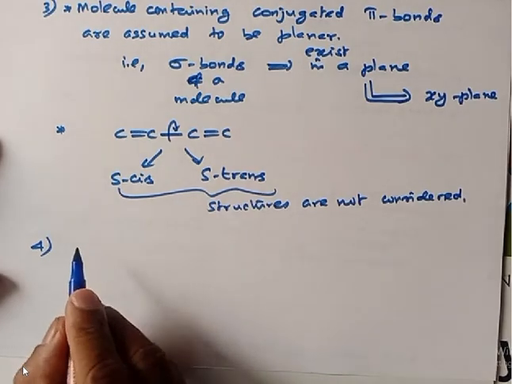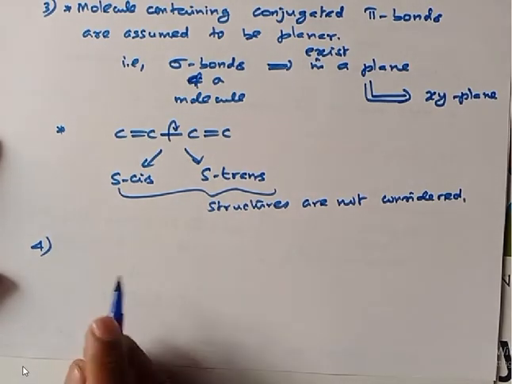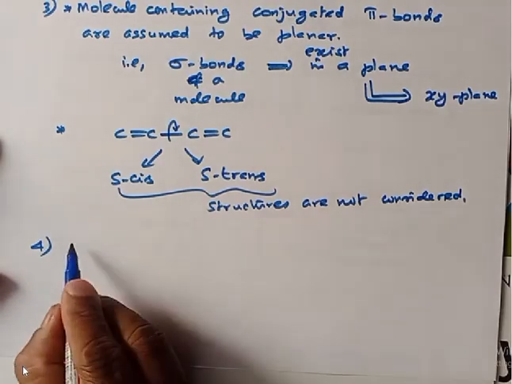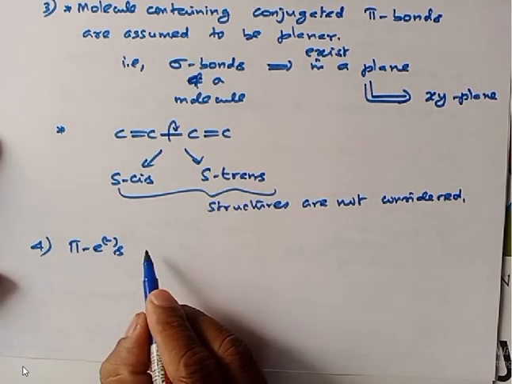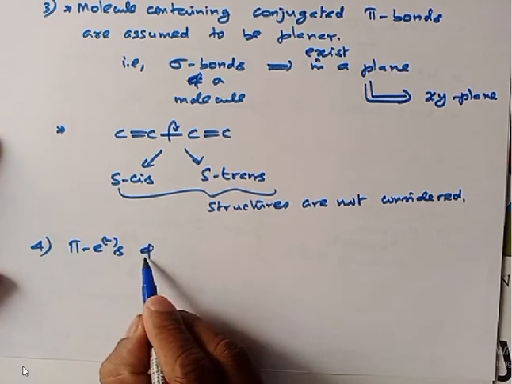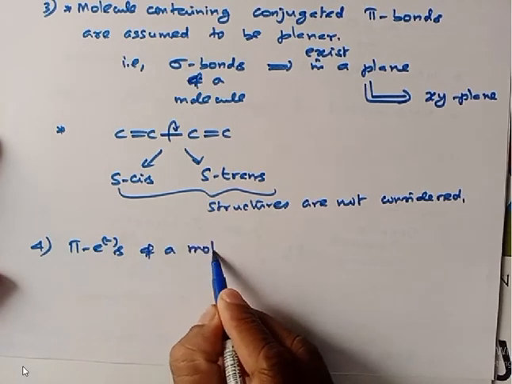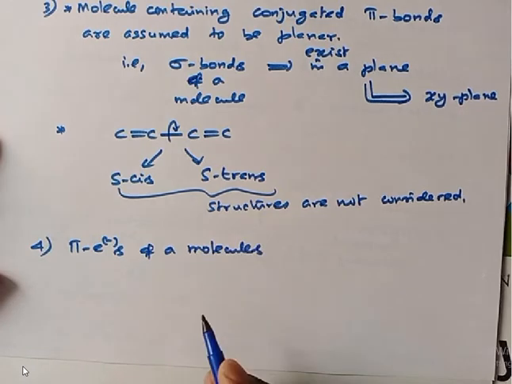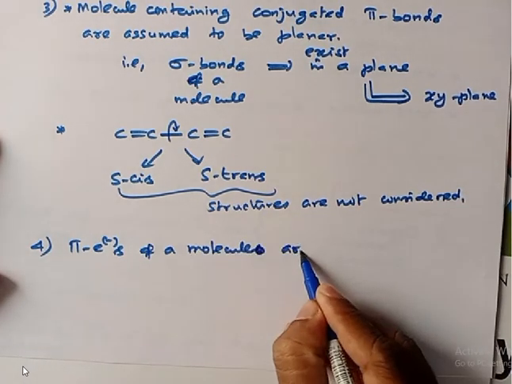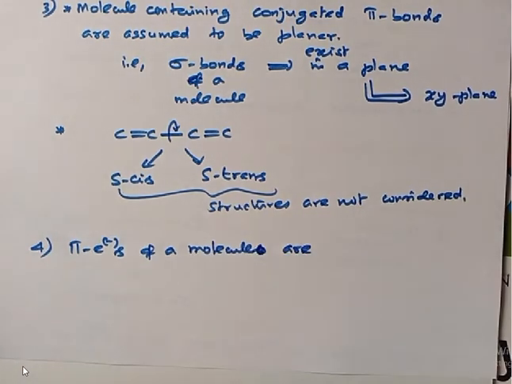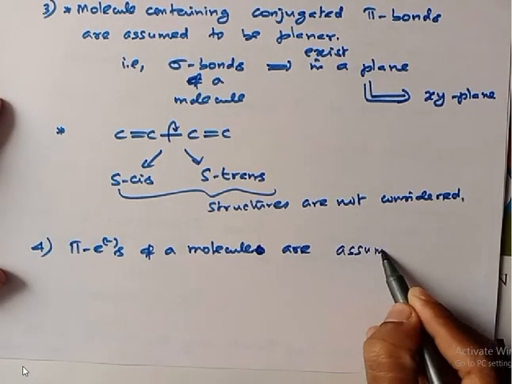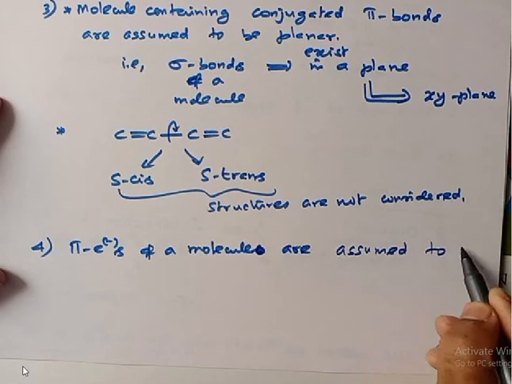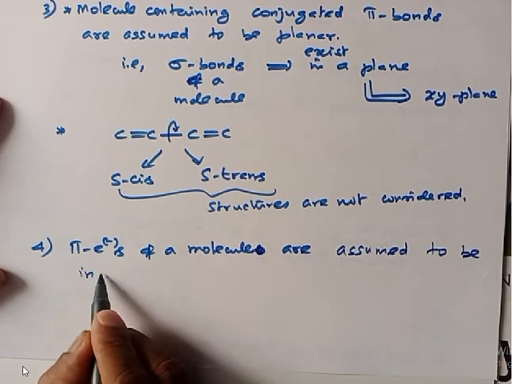the pi electrons of a molecule are all assumed to be independent. Pi electrons of a molecule are assumed to be independent.